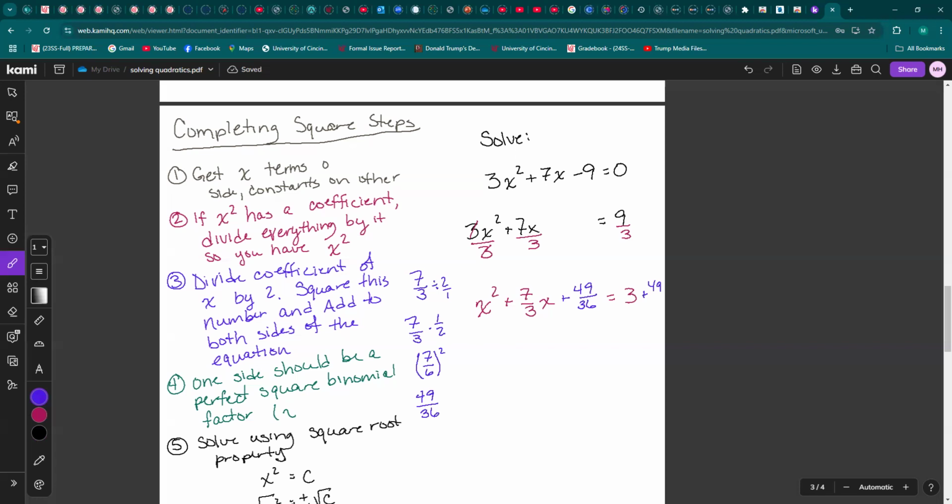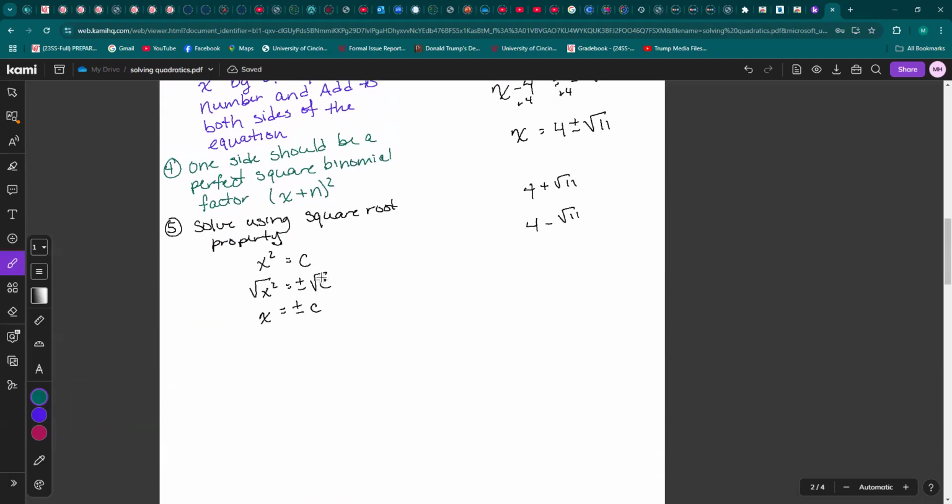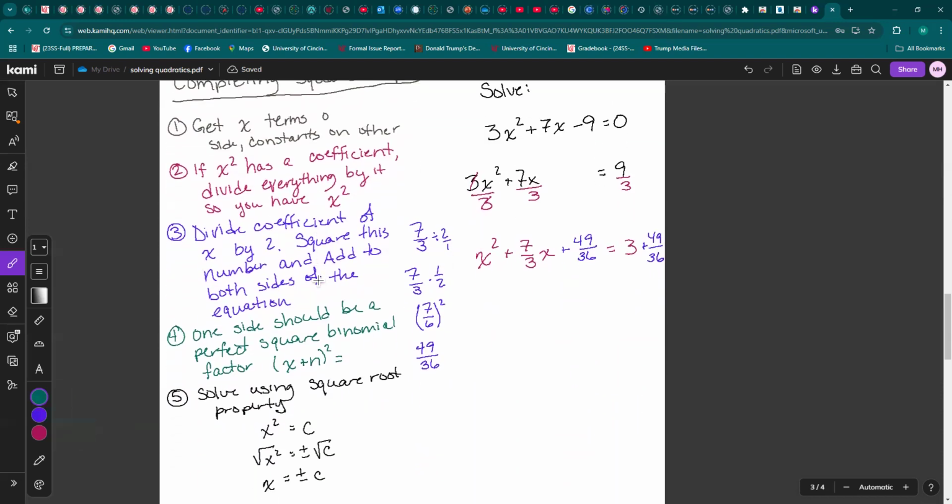This is insane. Now, I wrote that 7 over 6 that I had when I divided by 2 before I squared it. I wrote that out because I want to be using that, because that's going to help you with my perfect square binomial, which is x plus n squared equals... All right, so I'm going to rewrite it.